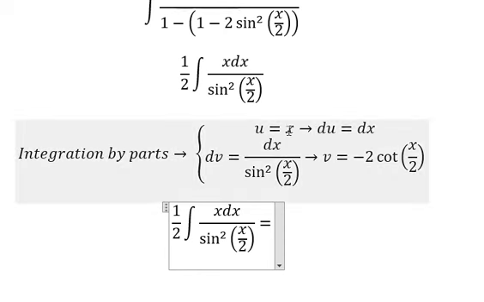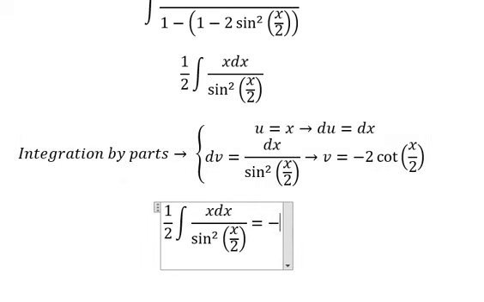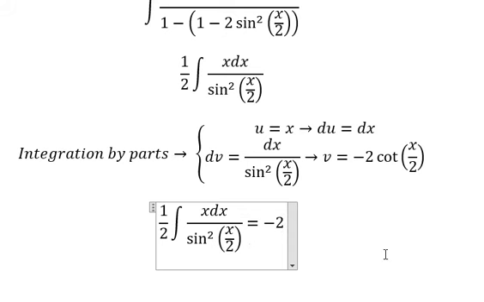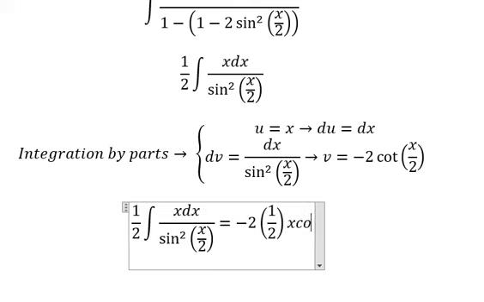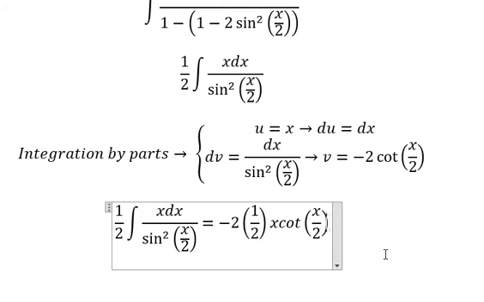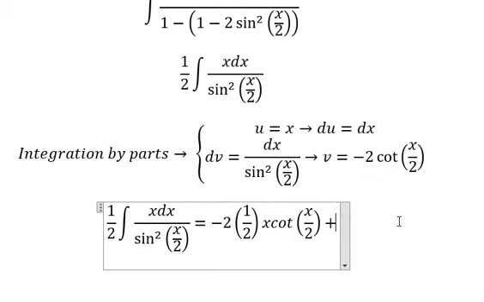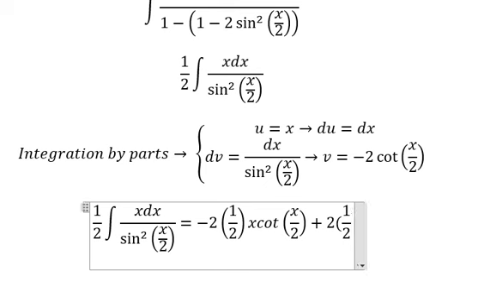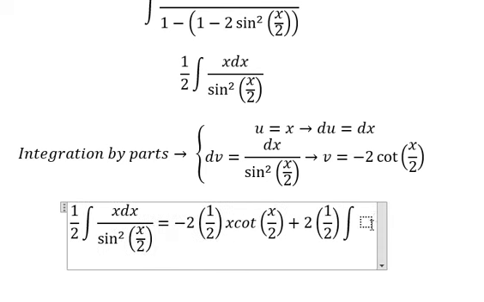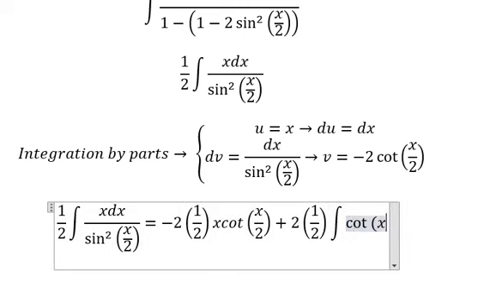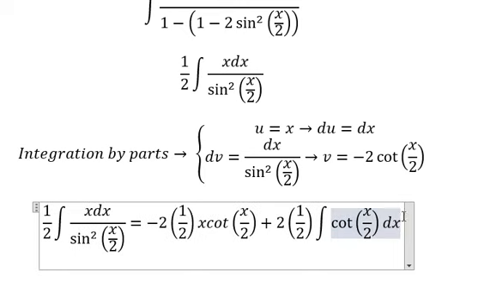So we have s multiplied with this one, and we have 1 over 2 in here. And then because we have the negative, you get positive 2 with 1 over 2 again, and we have the integral of cotangent s over 2 ds.